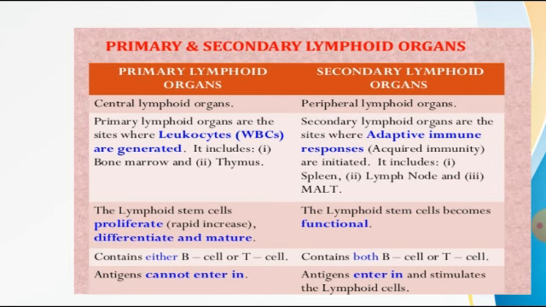The primary contains either B cells or T cells, but the secondary contains both T cells and B cells. In primary, antigens cannot enter, and in secondary, antigens enter, so that the immune response is elicited.